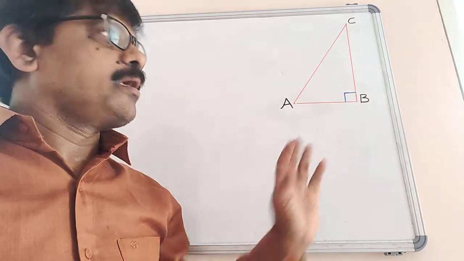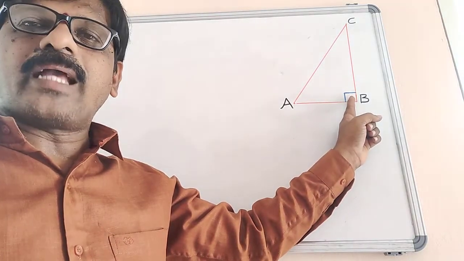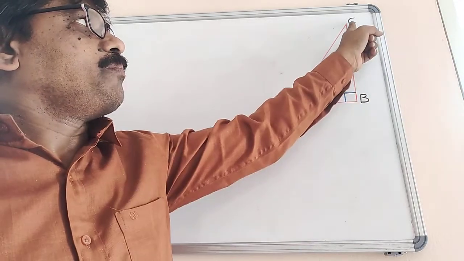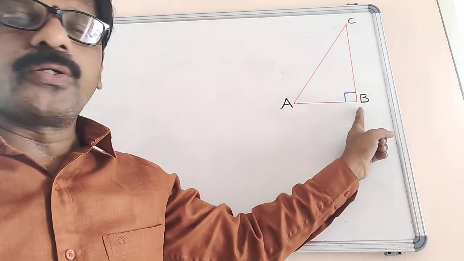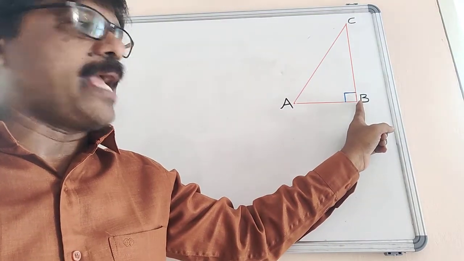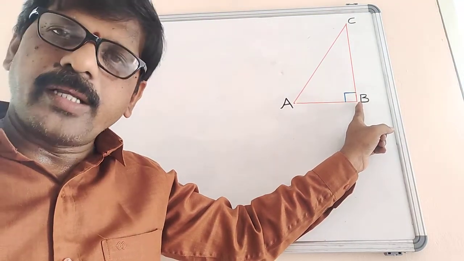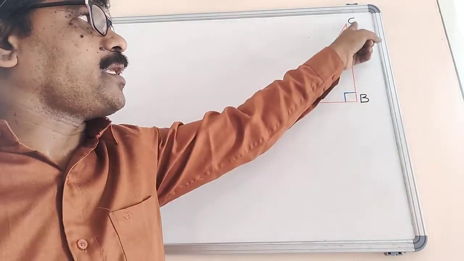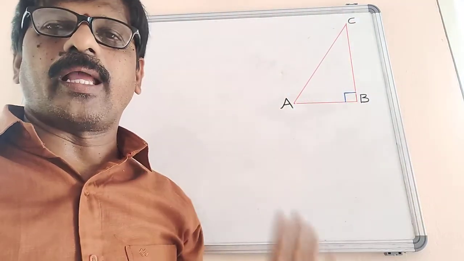Because angle B is exactly 90 degrees. That means CB is perpendicular to AB. Perpendicular means exactly angle B is 90 degrees. Now triangle ABC is a right angle triangle.